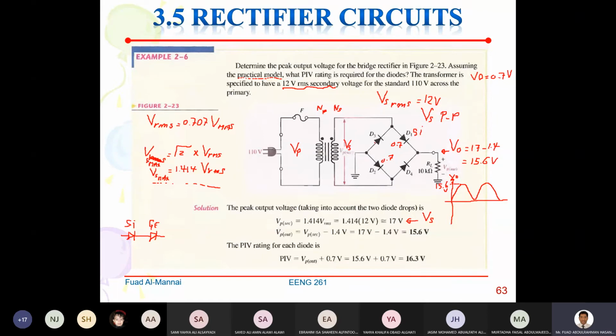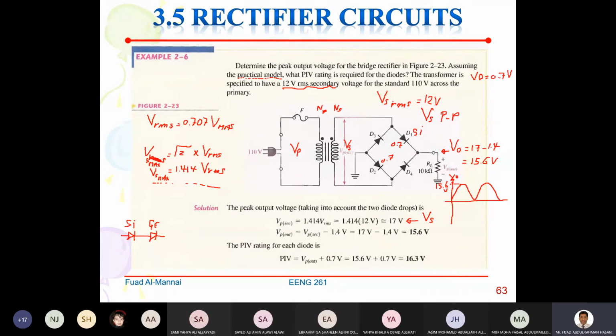That means these diodes are silicon diodes. The transformer is specified to have a 12 volt RMS secondary voltage for the standard 110 volt across the primary.